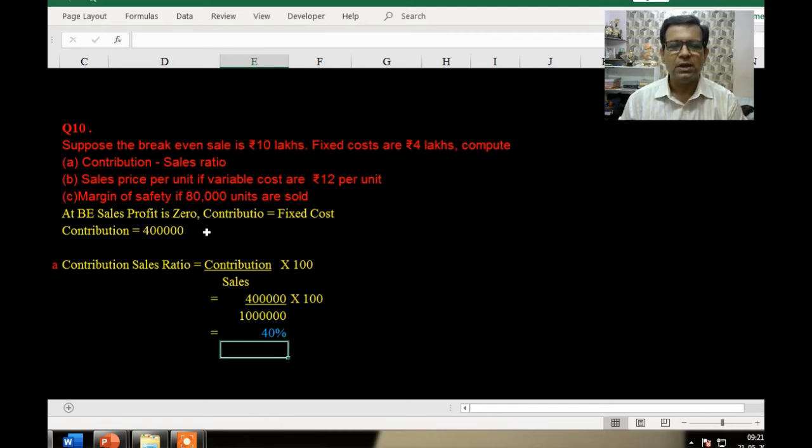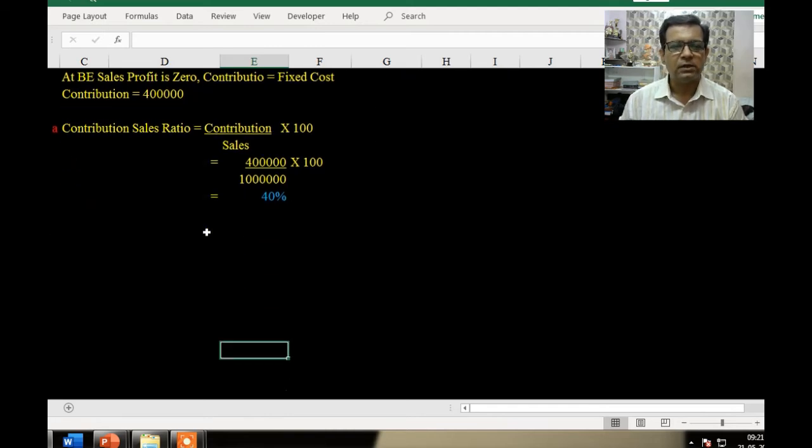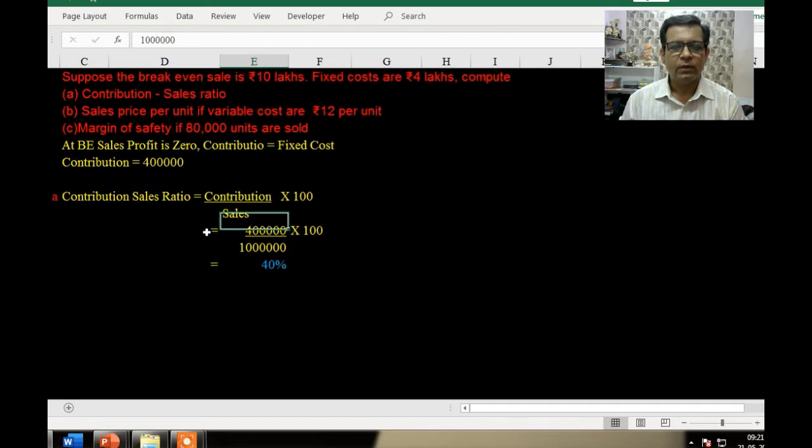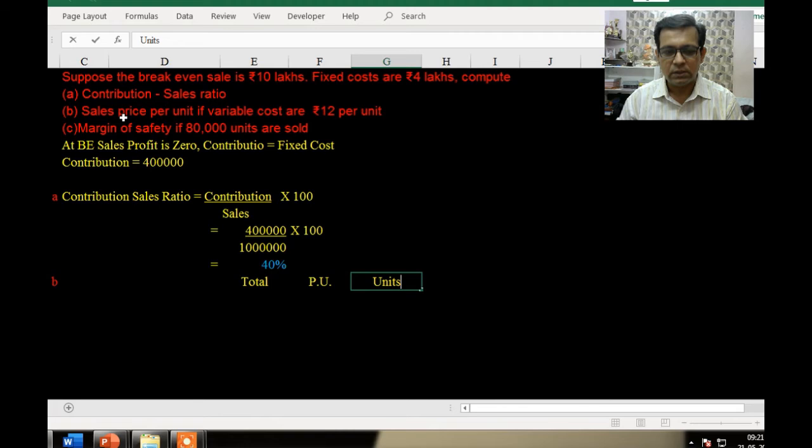Now let's move to the next part. That's part B, and let's read what it says. Part B is sales price per unit if the variable cost is rupees 12 per unit. Now this is where you need to be a little more smart. Let's take total and per unit cost with the help of units.